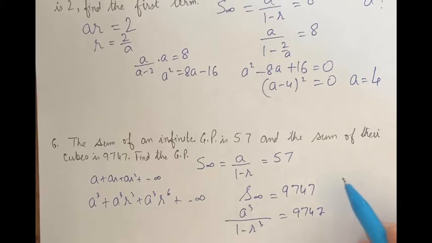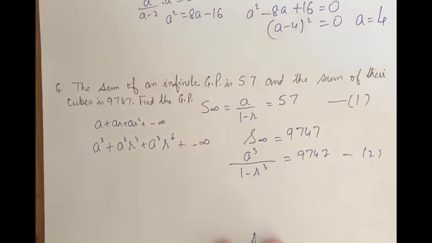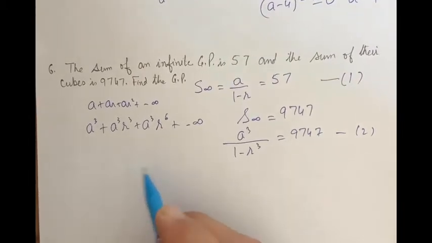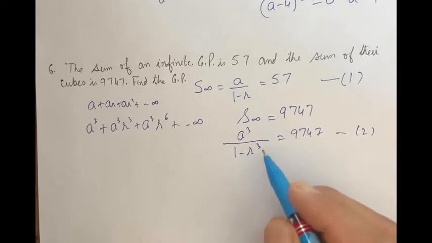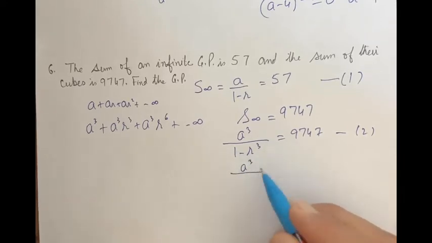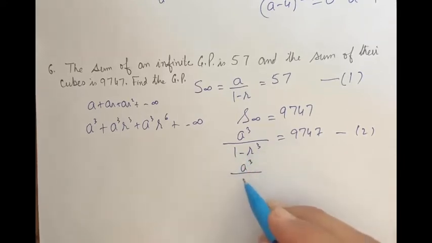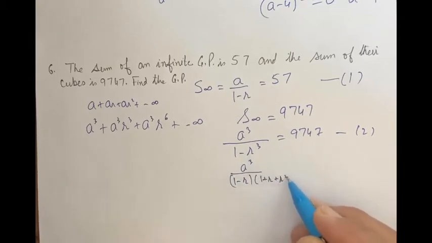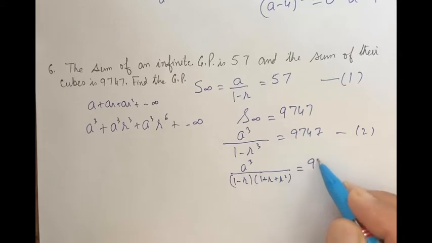Now we have two equations. This is one, this is second. We have to solve the two equations for a and r. Once we have a and r, we know the GP. So how do we solve? We can factorize this. This is a cube minus b cube. 1 minus r cube is 1 minus r into 1 plus r square. This is equal to 9747.